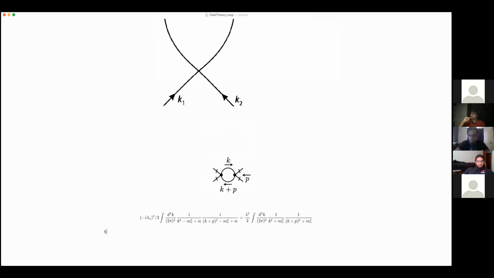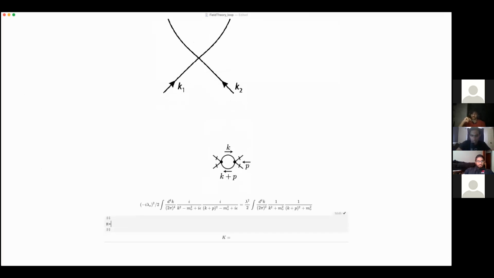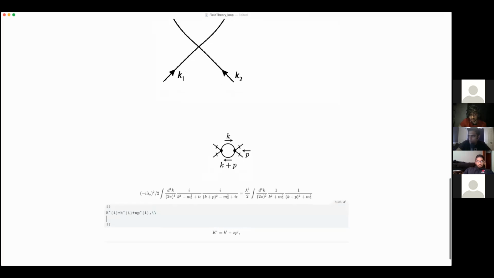So in this specific example, it'll be to introduce k, which equals k plus xp, right? And so this is a 4 vector. And x is really just a number between 0 and 1. And what we'll do is also introduce a parameter m squared, which equals m naught squared minus x times 1 minus x times p squared.